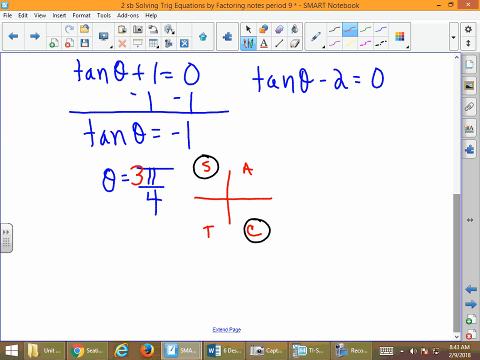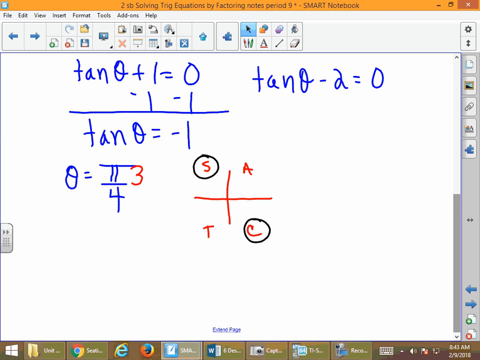The pi over 4 in our fourth quadrant is 7 pi over 4. And as we think about this here, 3 pi over 4 is here, and 7 pi over 4 is here.